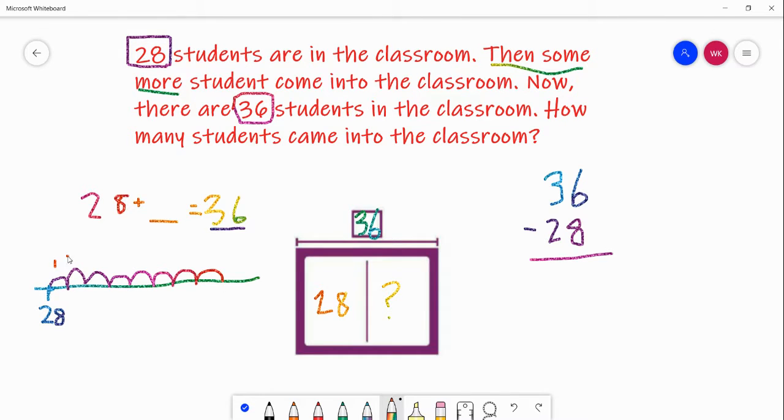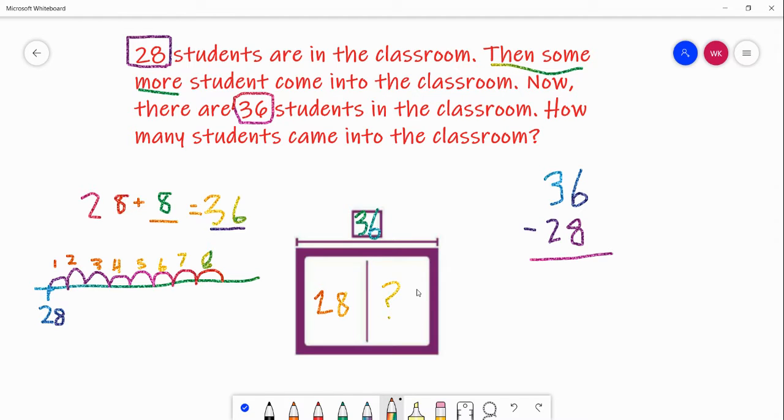We made 1, 2, 3, 4, 5, 6, 7, 8. So in this one, I thought addition to be able to help me out. So I know now that 28 plus 8 equals 36.